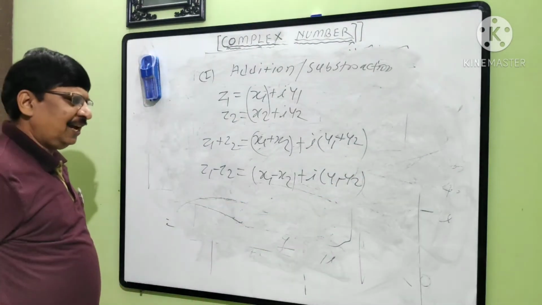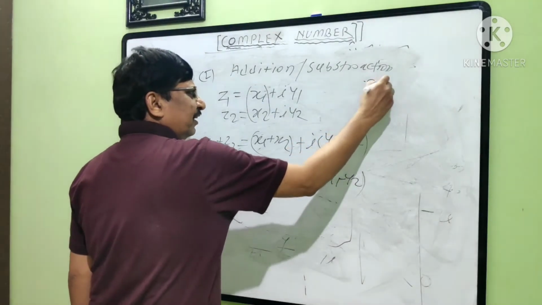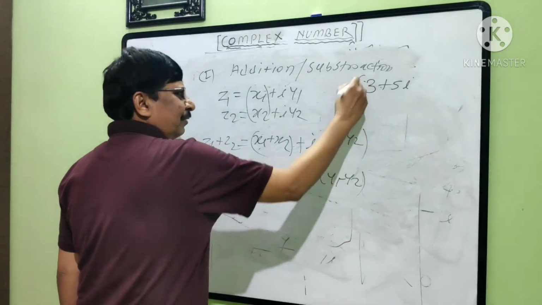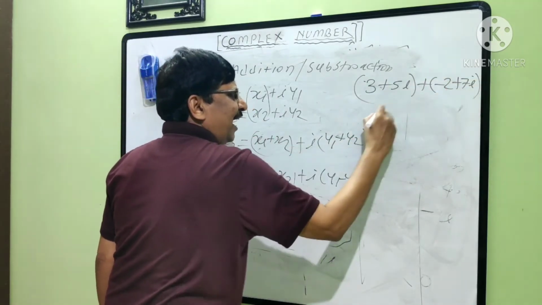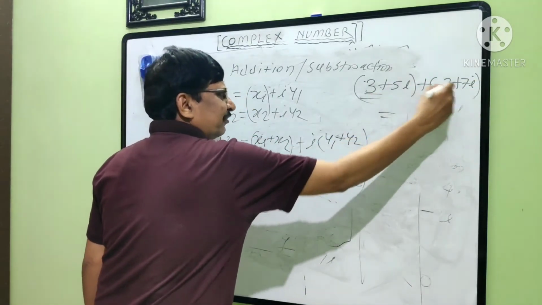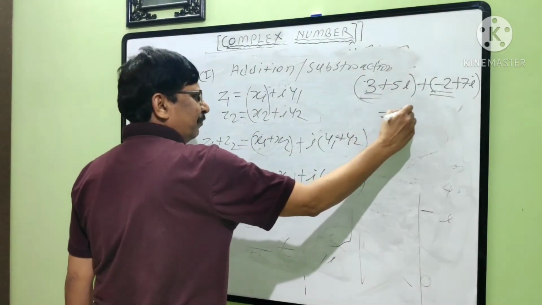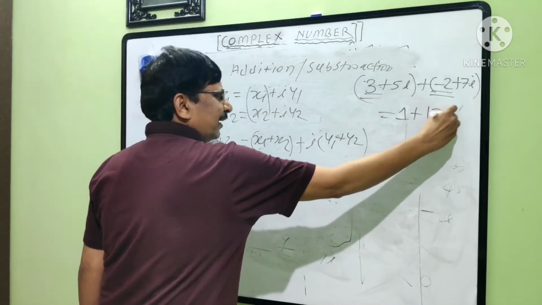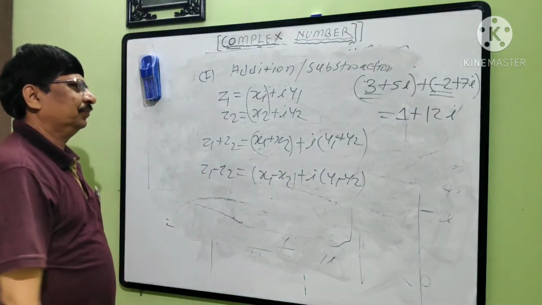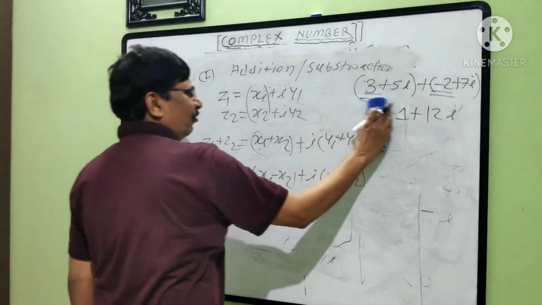That is the algebra. Suppose you want to add 3 plus 5i and minus 2 plus 7i. Add the real parts: 3 minus 2, that is 1. And 5 plus 7, that is 12i. That is the addition. If subtraction is there, what will happen?